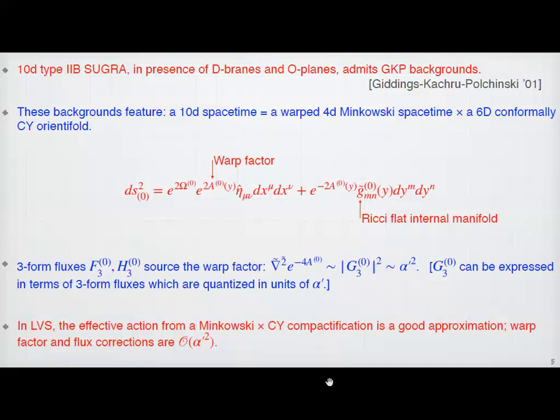So whatever we will be computing would help people who want to do precision string phenomenology compute corrections. However, our procedure is such that even if the warping is very strong, one can give explicit results.